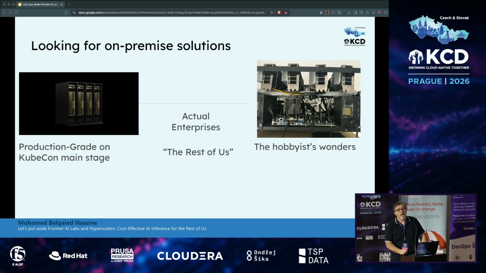Maybe not all of us have very strict requirements about keeping data on premise, but we also have the idea of being more independent from cloud providers or AI frontier labs.